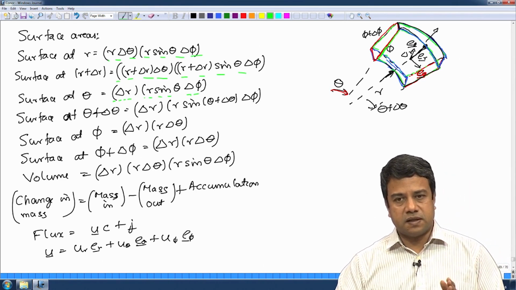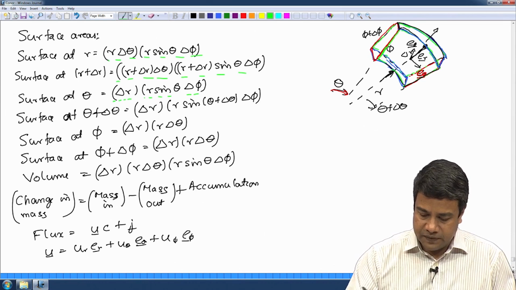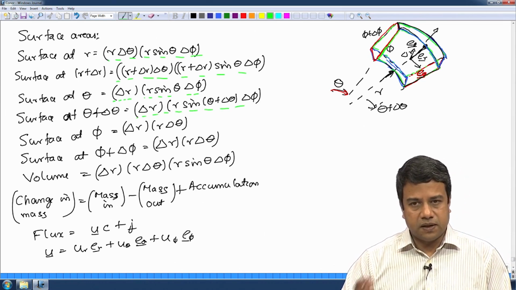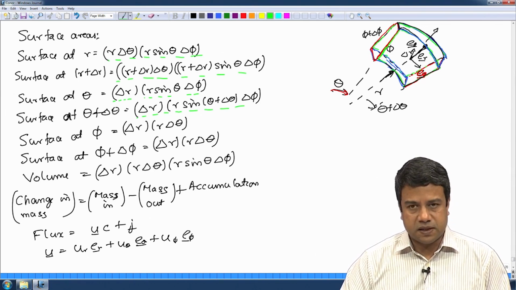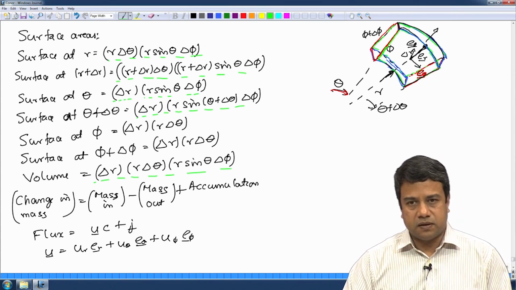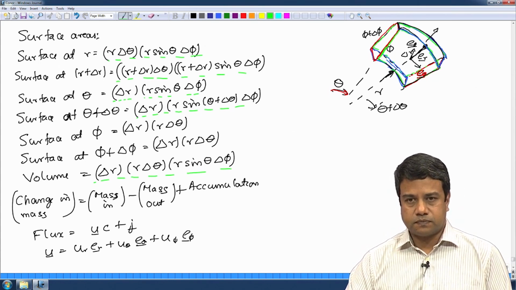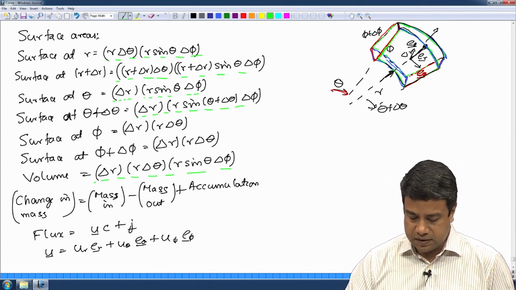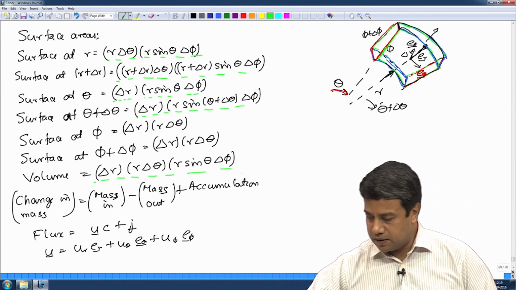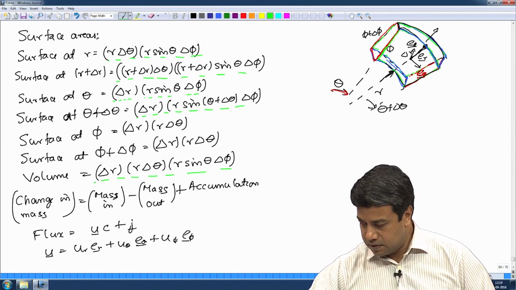That is the surface area of the surface at the location theta. Similarly, at theta plus delta theta. And then you have two surfaces at phi and phi plus delta phi. The total volume is the product of the distances in all three directions. And using these surfaces for this differential volume, we will write down the balance equation.